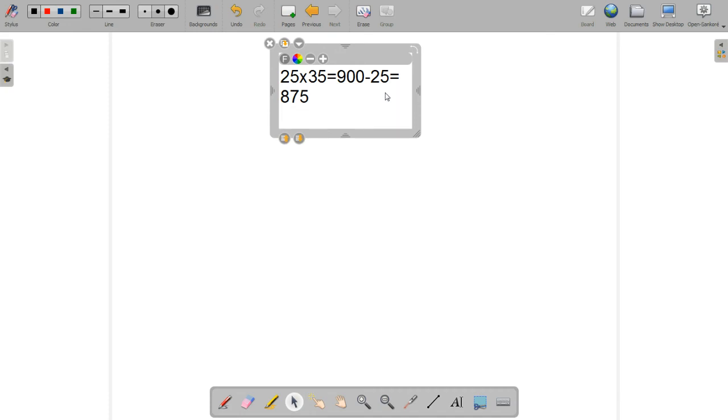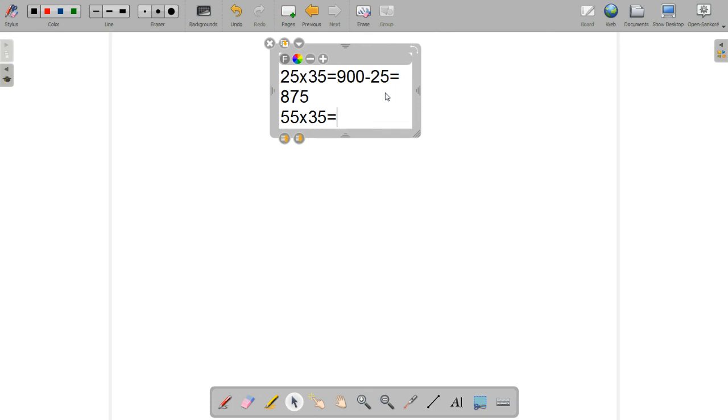You can also apply that method to here, and you can even combine that method with the first method discussed here. Like, let's say 55 times 35. The number in between them is 45.